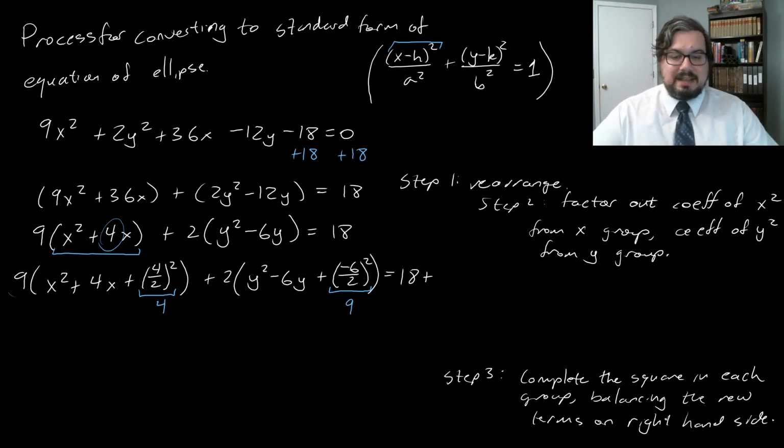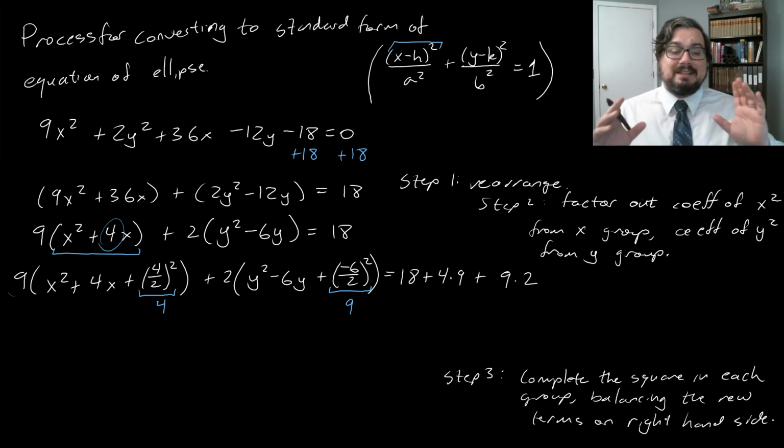So we actually have to add 18 plus 4 times 9 in order to balance out the adjustment we've made inside the x group, and plus 9 times 2 for the y terms, because we've added a 9 inside, but that 9 is inside parentheses that have a 2 on the outside.